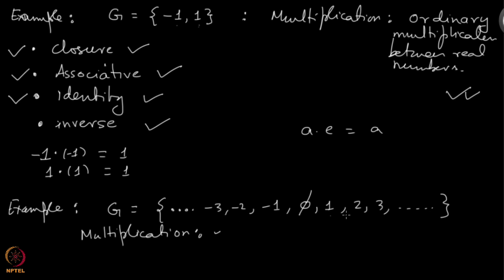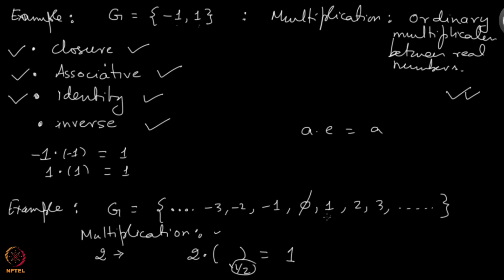So do we have inverse of each element? Let's look at, for example, 2. And what we are asking is 2 times what gives you the identity, and identity is 1. Okay. And you see that that number is half, and that half is not there.